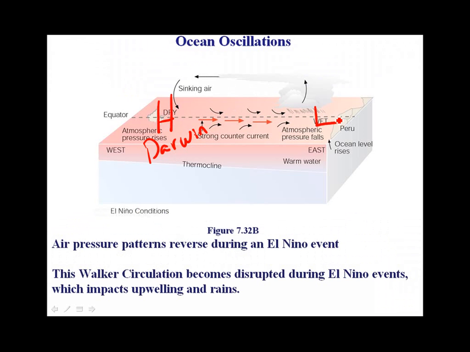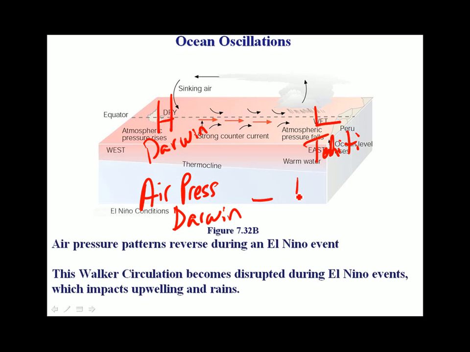We have lower than normal pressure over Tahiti. And if we want a positive index, then we take the air pressure at Darwin minus the air pressure at Tahiti.